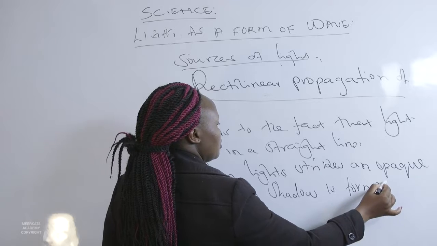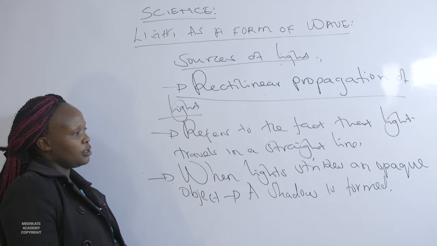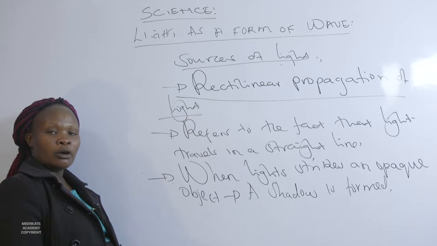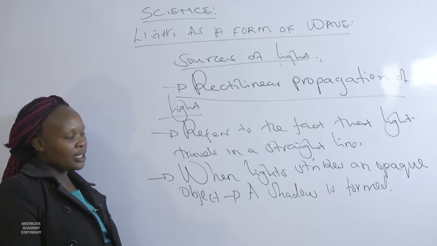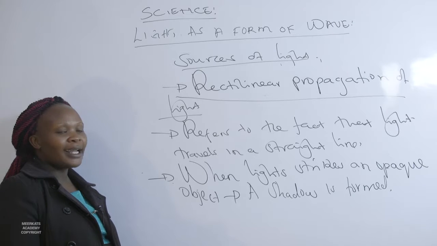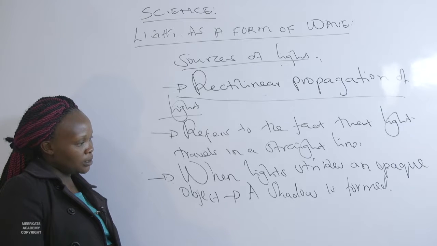A shadow of that particular body or material is going to be formed behind it. That is to mean that light in one way or the other has not passed through it.